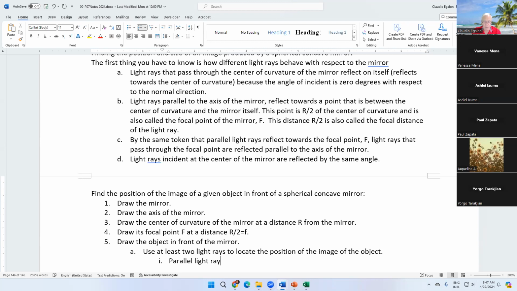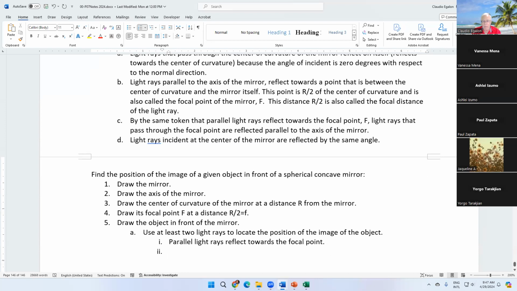Parallel light rays reflect towards the focal point. Light rays that pass through the focal point reflect parallel to the axis of the mirror.